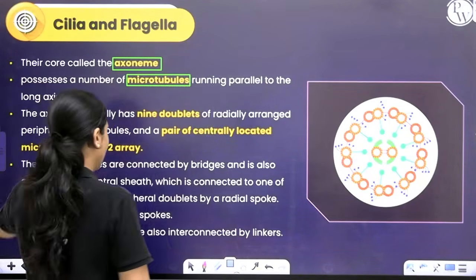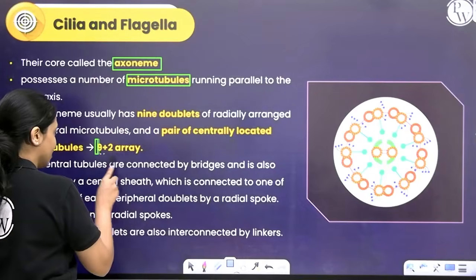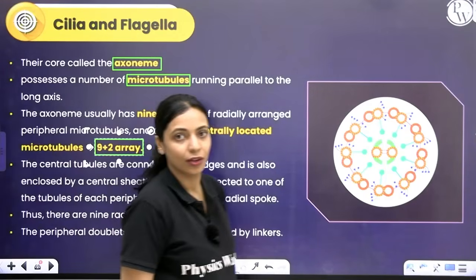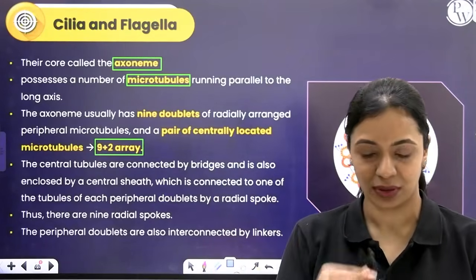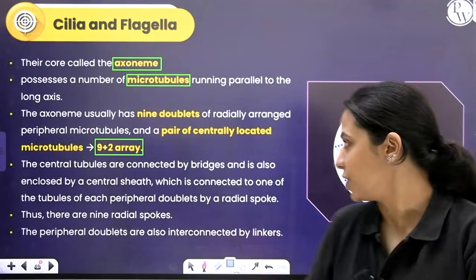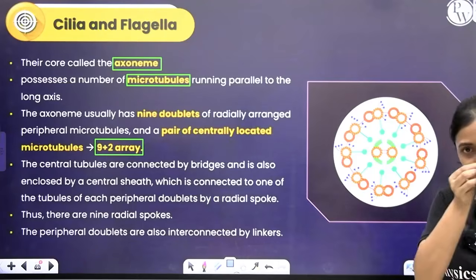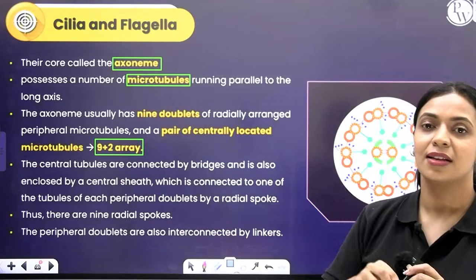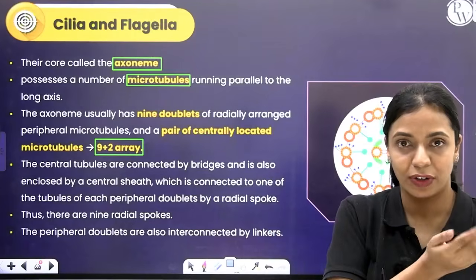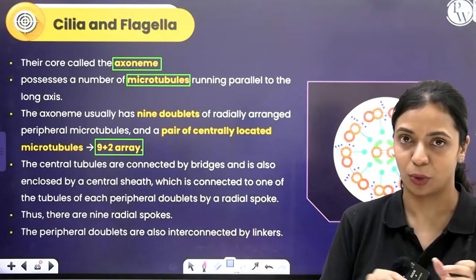Its arrangement is unique. It is arranged in the 9+2 array, which means I want you to understand that each microtubule, if this is a flagellum, each of these circles that you're looking at here are microtubules that are present here. You're looking at it in the form of circles because you've taken a section of the flagellum and you're looking at it under the microscope.